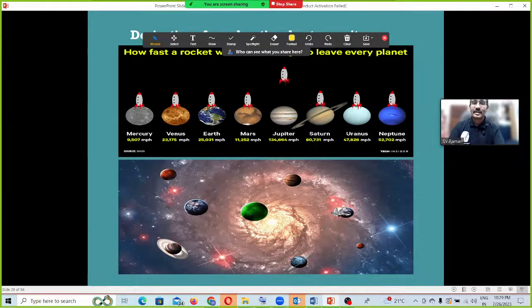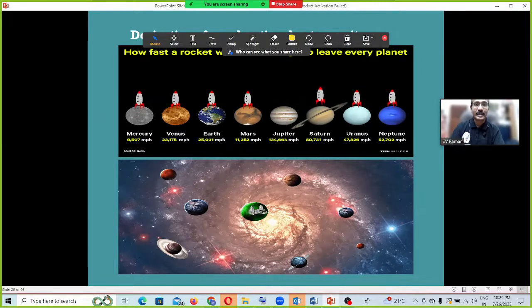Here we are saying that different planets have different gravitational forces. You can see that Mercury, Venus, Earth, Mars, Jupiter, Saturn, Uranus, Neptune, each individual planet has its own gravitational force.